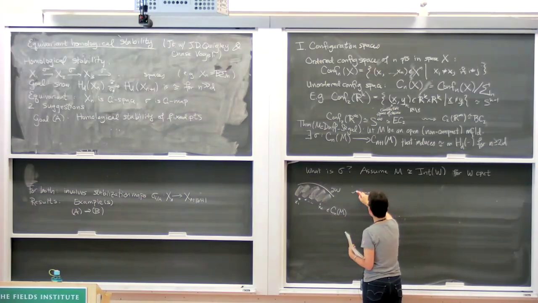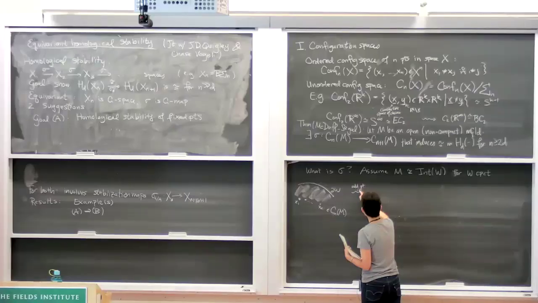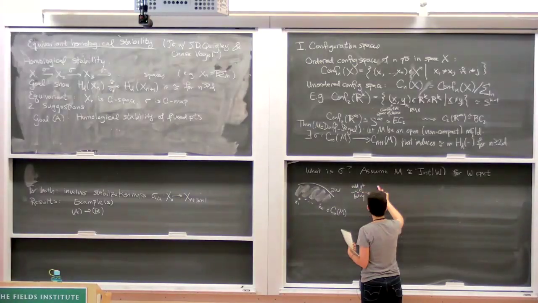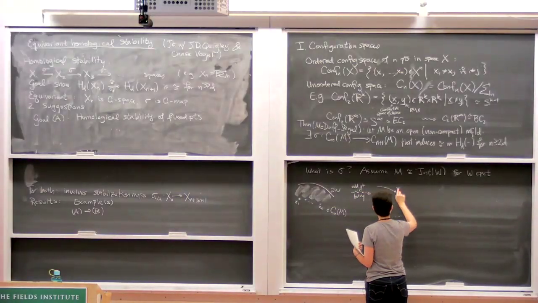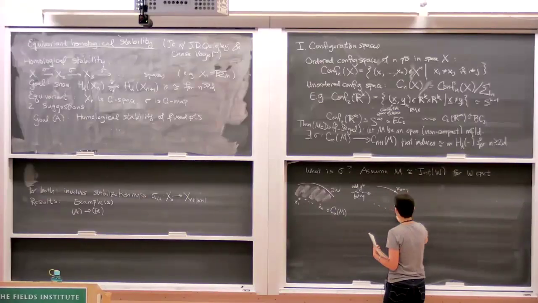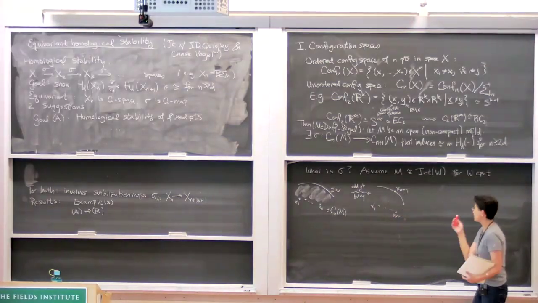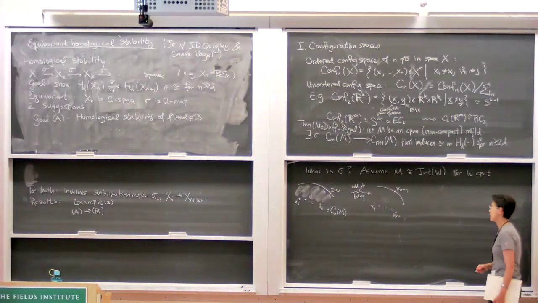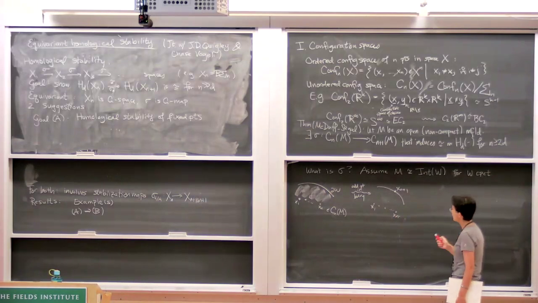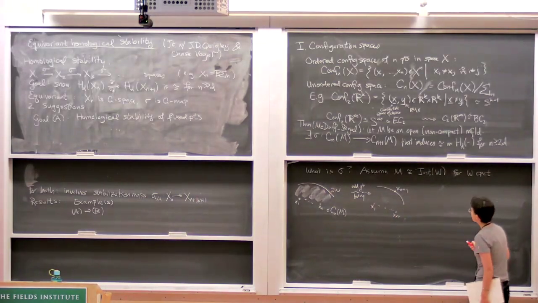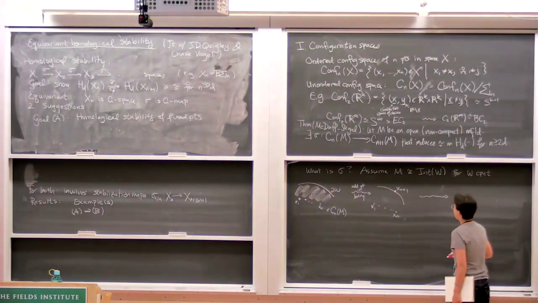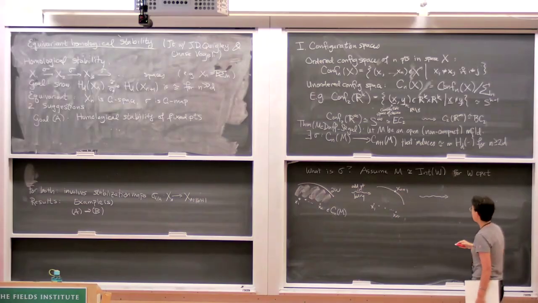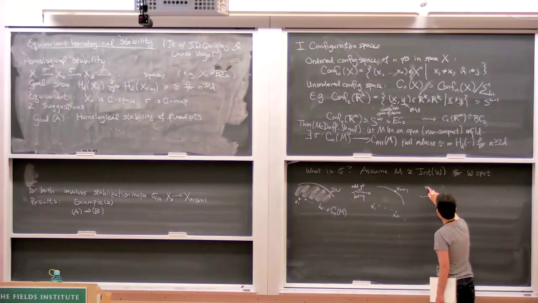So what we do is first add a point in the boundary. And so here's my original configuration down here. But that still doesn't count because this is not a configuration of points in M. The boundary is not part of M. So now what we can do is push the boundary in.